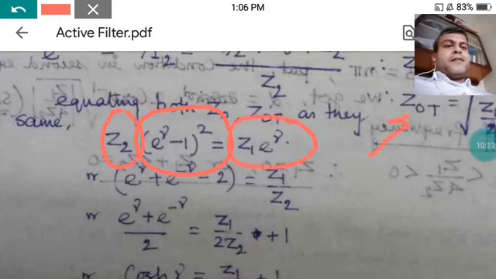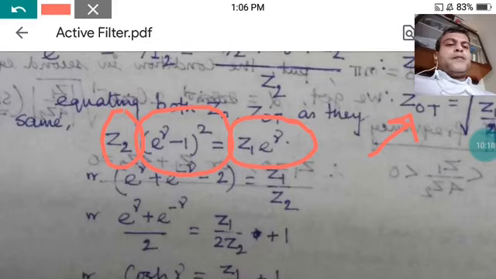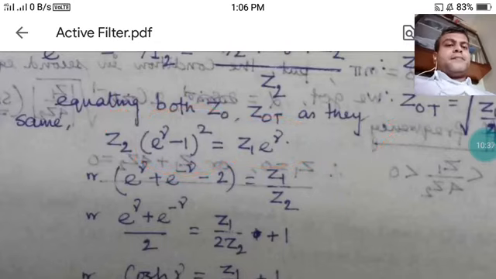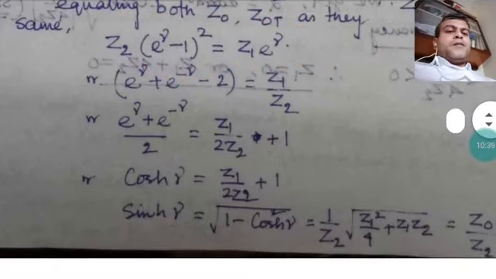I just put this equation in, and you will be getting simply this. So e to the power gamma plus e to the power minus gamma minus 2, e to the power gamma times e to the power minus gamma is just minus 2. So finally it is like this. If you are dividing it by 2, here it is plus 1, and finally the output is coming as cosh gamma equals like this, sinh gamma equals this.